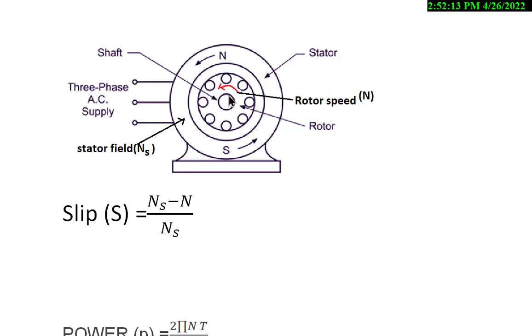The rotor speed can be measured with the help of a tachometer, and it is represented with capital N like this, and this Ns is the synchronous speed of the motor, or of the stator magnetic field. This cannot be measured, but it can be assessed.